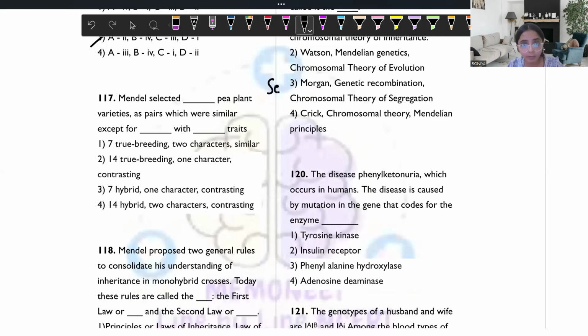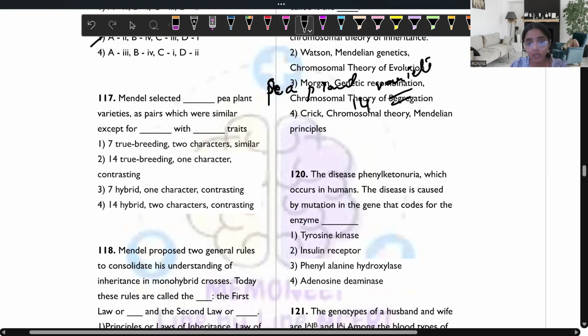Mendel selected pea plant varieties. How many? 14.